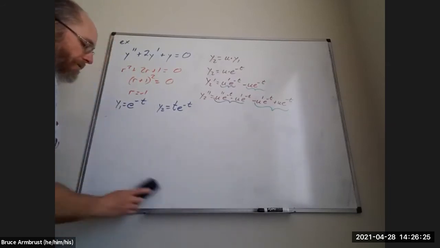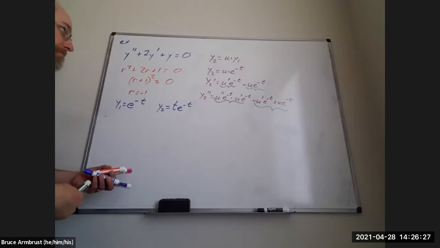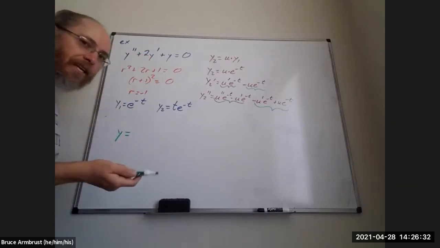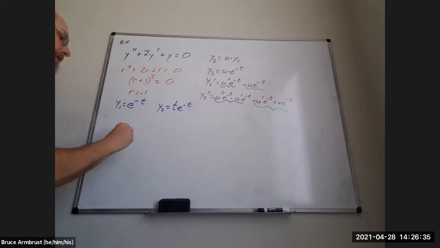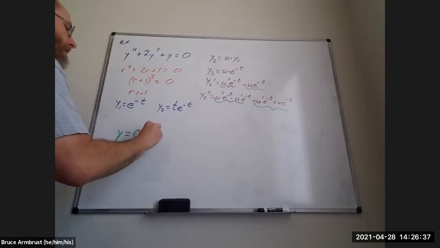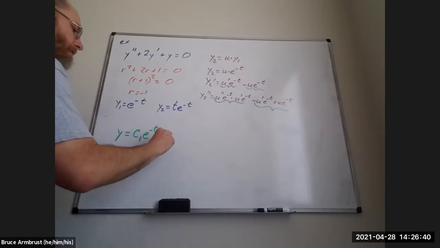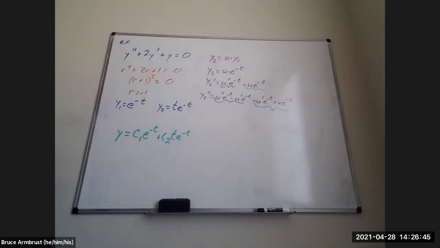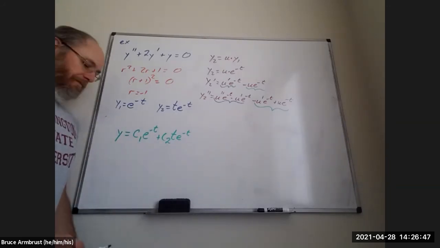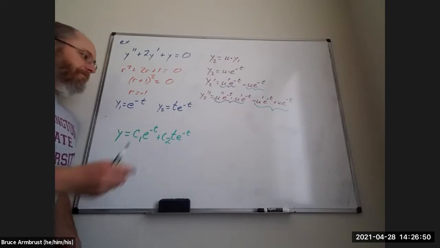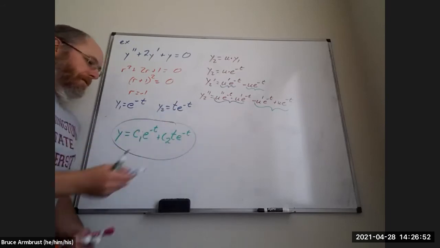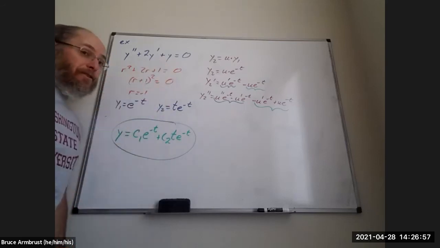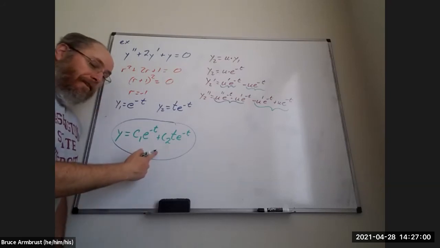So here is the solution set to this differential equation. Now I'll put the C1 and C2 on there, Ralph. So we're going to have C1 e to the minus t plus C2 t e to the minus t. Every function that satisfies this differential equation has this form.